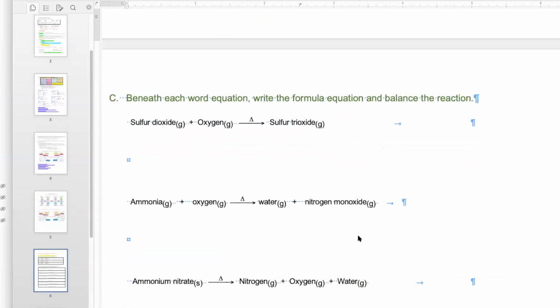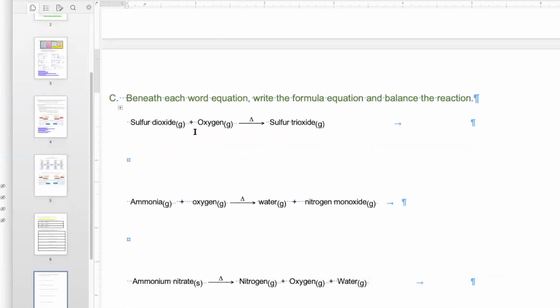This right here is the name, sulfur dioxide, SO2, oxygen. Again, it's not oxygen the atom, it's oxygen the molecule, O2. We're not going to tell you O2 when we say the reaction. We're just going to say oxygen, and it's up to you to know it's O2. It's the way it's found in nature.